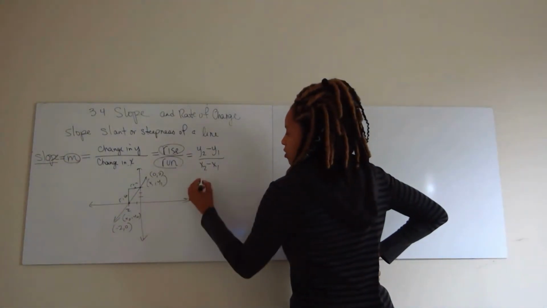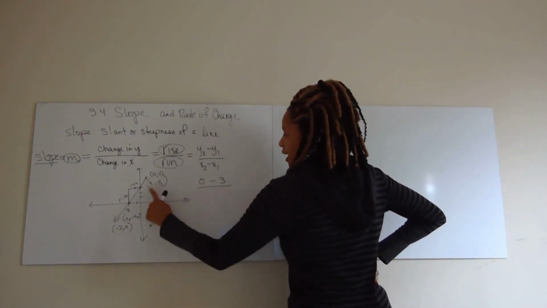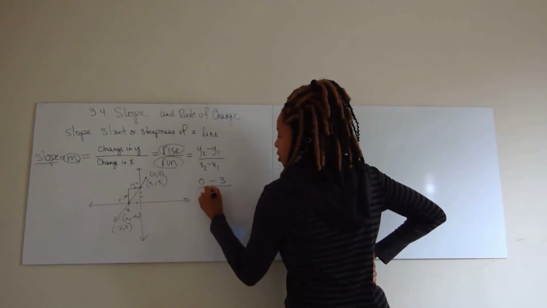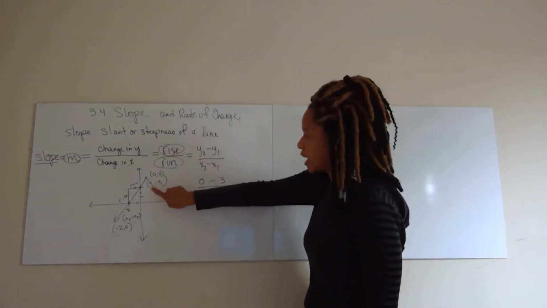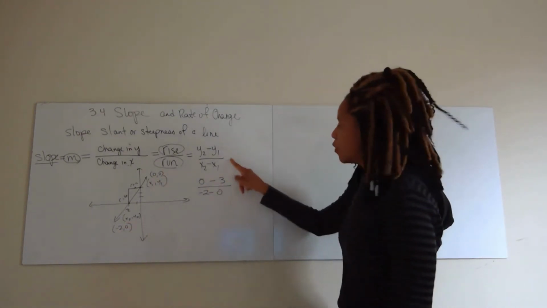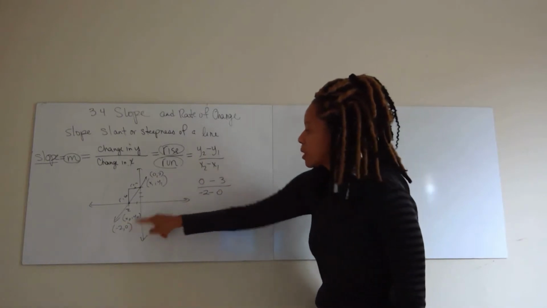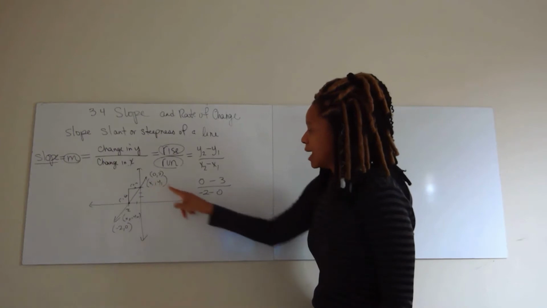So y2 is 0 minus y1, which is 3, over x2, which is -2, minus x1, which is 0. So a direct substitution, x1, y1, x2, y2. The formula says you do y2 minus y1 over x2 minus x1.